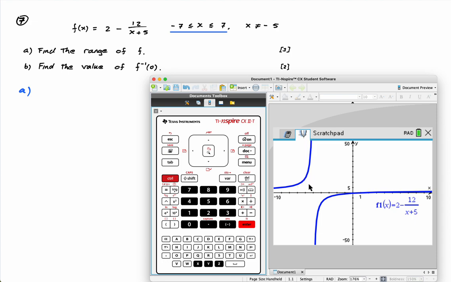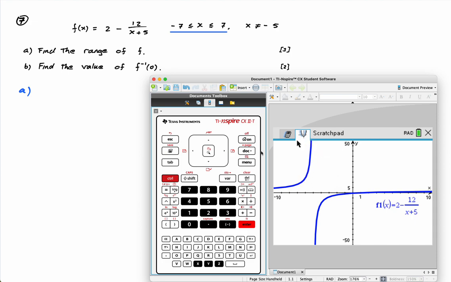But if your x was -5.001, you're going to get this. This is going to infinity. So the range of values in this positive direction is going to be whatever this value is here to infinity, because this is going up to infinity.